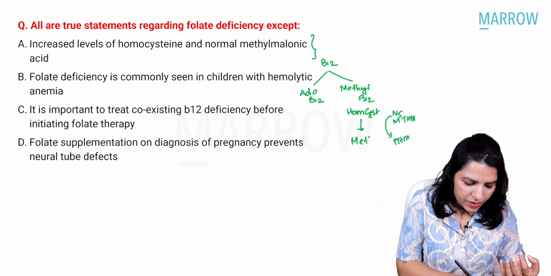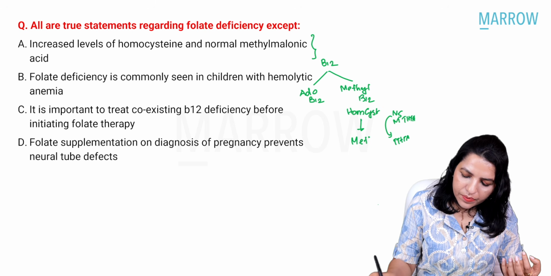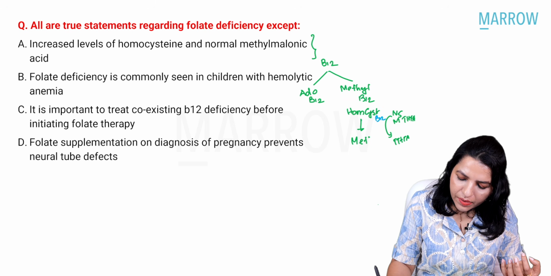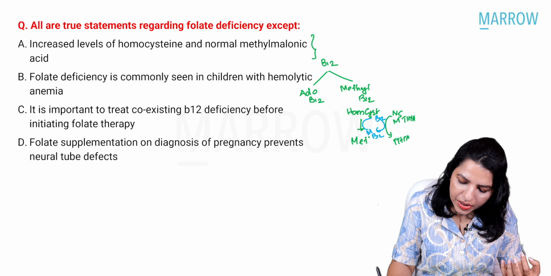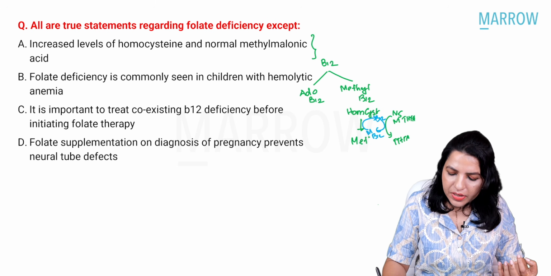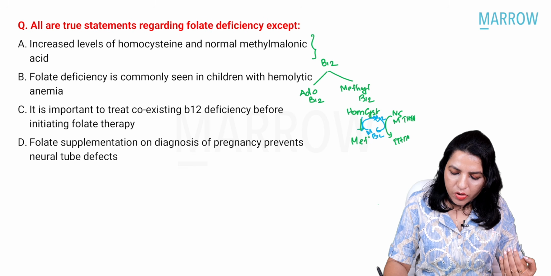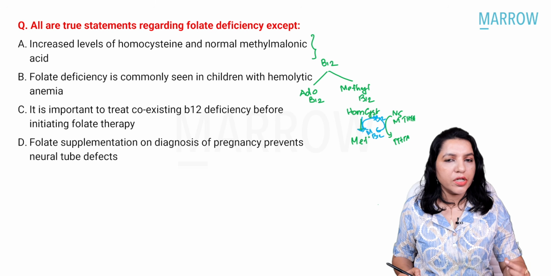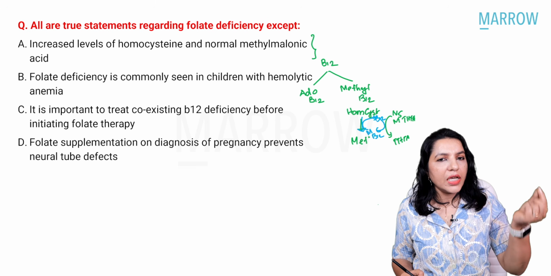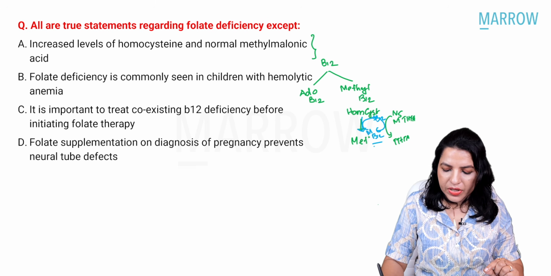Now, this methyl group is given to B12, and B12 becomes methyl B12. This methyl B12 gives the methyl group to homocysteine, so that homocysteine is converted to methionine. What happens if there is a B12 deficiency?